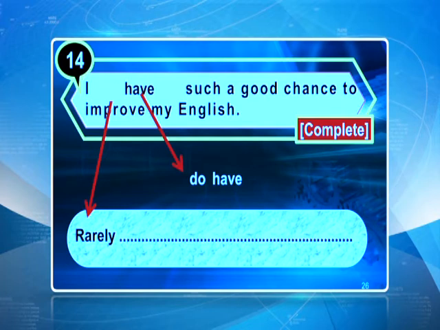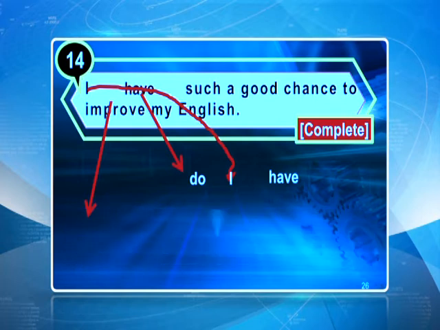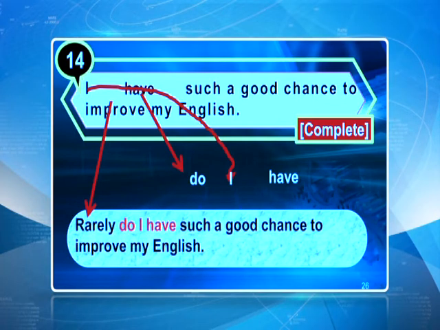In this case, you have to leave space for another extremely important word, the word I. So here we have, "Rarely do I have such a good chance to improve my English." All these changes are necessary in order to answer a question about inversion.